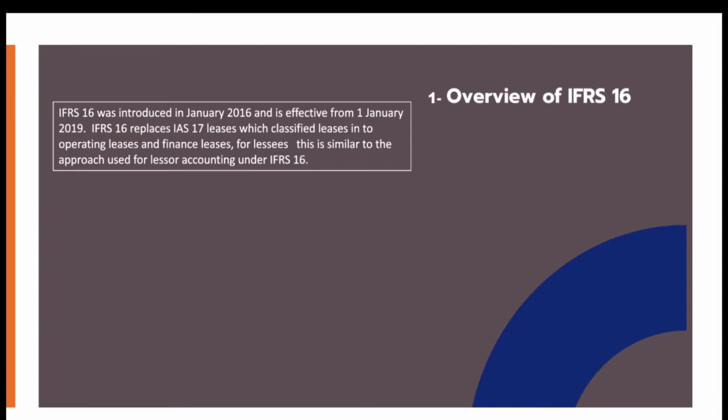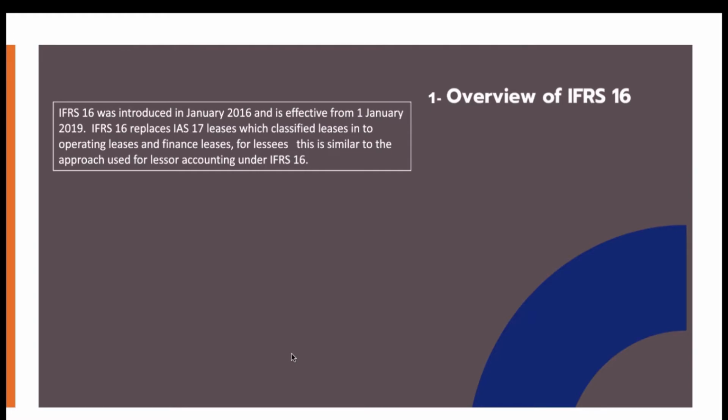The most important thing is that the previous standard, IAS 17, has been replaced by this new standard, IFRS 16. If you have a little background on IAS 17, it used to classify leases into operating lease and finance lease.